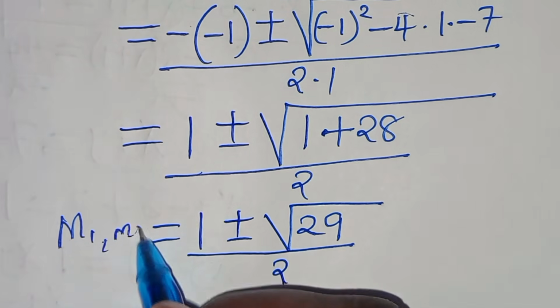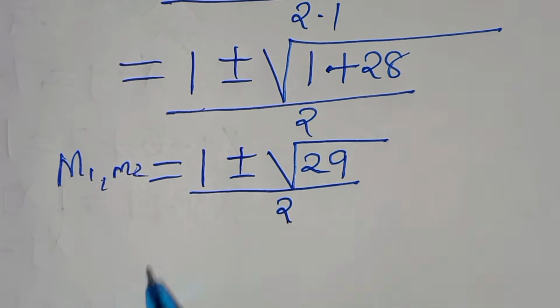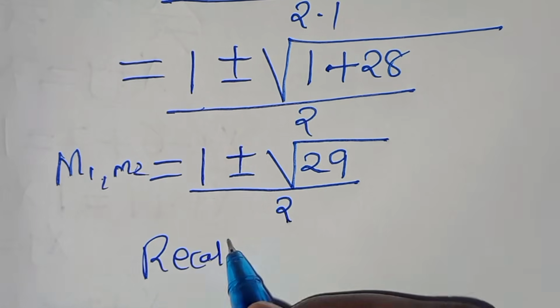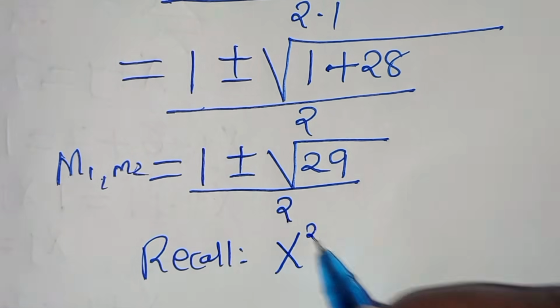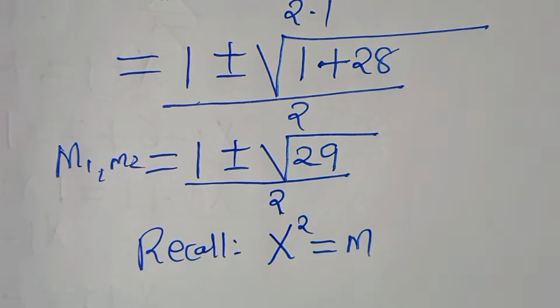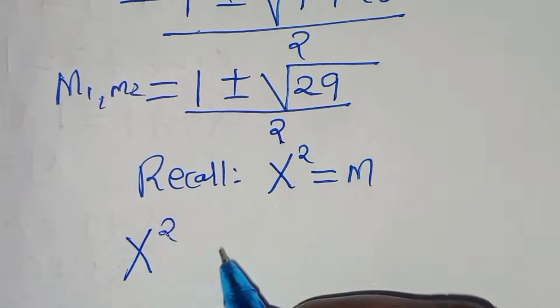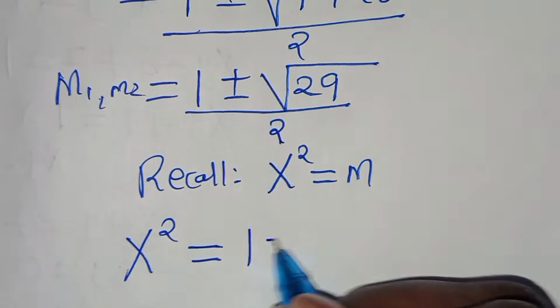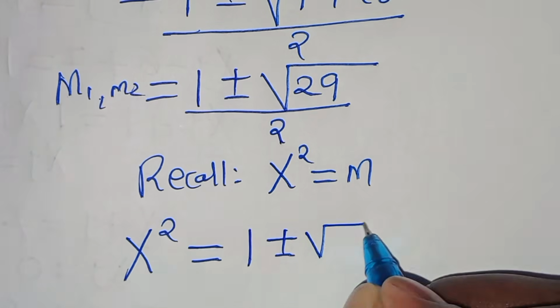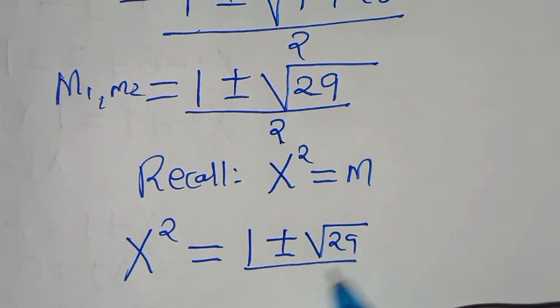Comma m2. Now, if you recall, we have x to the power of 2 equal to m. So this implies that x to the power of 2 is equal to 1 plus or minus the square root of 29 divided by 2.